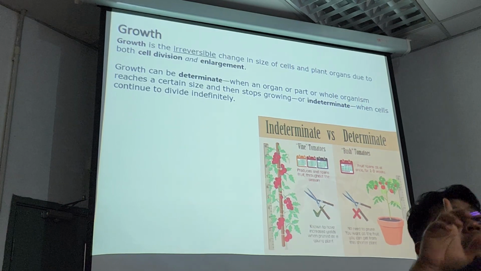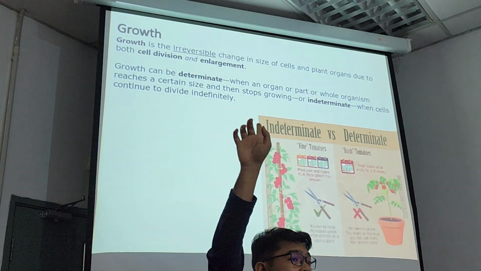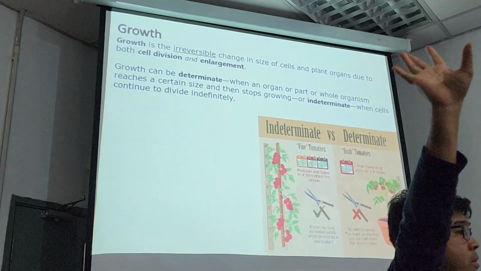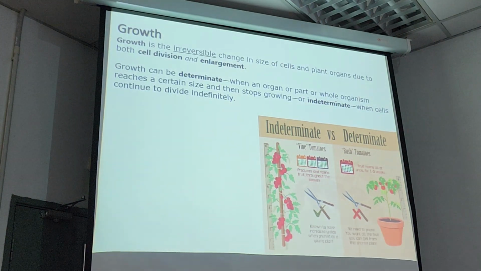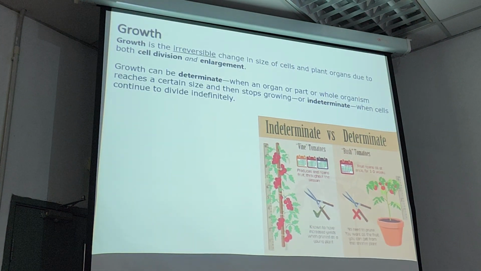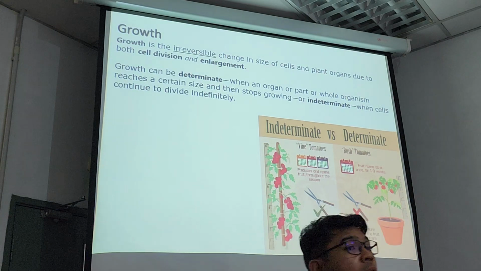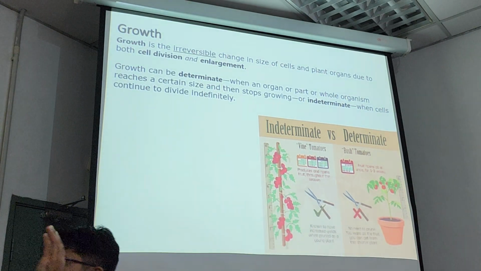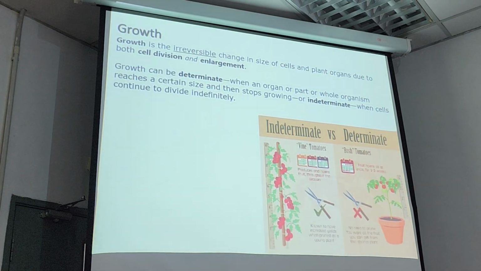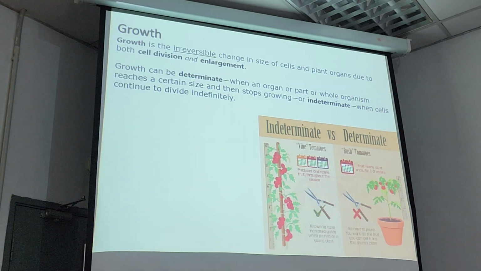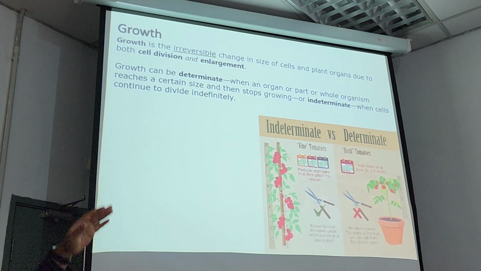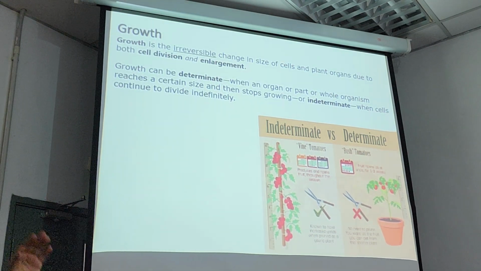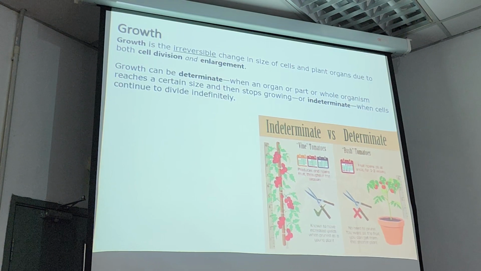So it needs to grow taller in order to reach for the sunlight. Okay? And the resulting visual that you're going to see at the plant, they're going to look very slim and slender, right? Because they have grown by the actions of not only cell division but also cell enlargement or elongation.